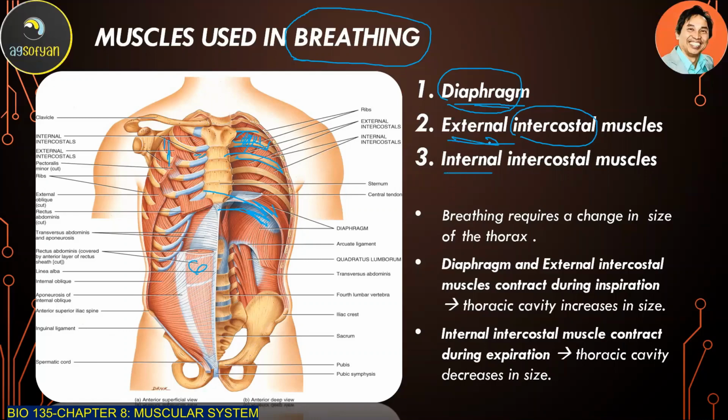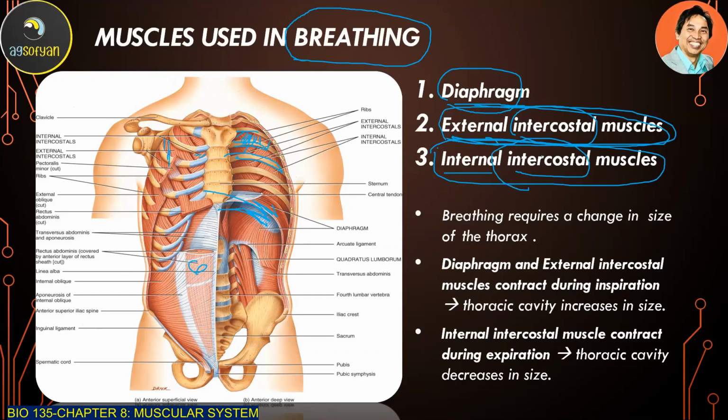So there are two layers of intercostal muscle, the external intercostal muscle and the internal intercostal muscle. So these are the three muscles that help us breathe.